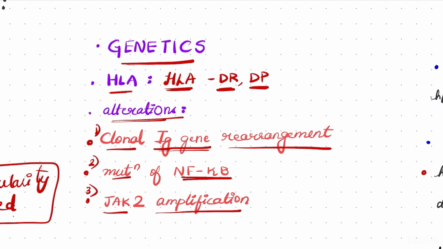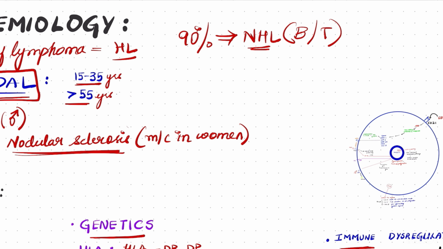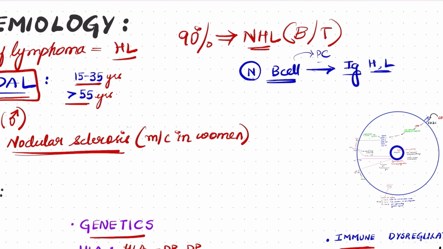For example, consider a normal B cell. The function of the B cell is to produce the immunoglobulins, that is heavy chain and light chain. Ultimately, B cells form plasma cells. From plasma cells, you get the antibodies, that is the immunoglobulins with heavy and light chains. So the normal B cell needs to have this immunoglobulin gene in its DNA.